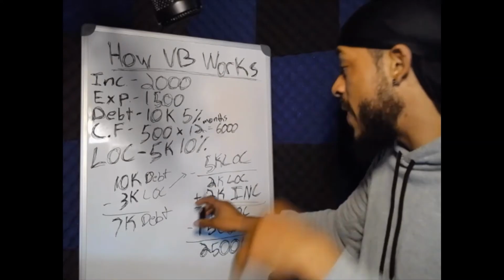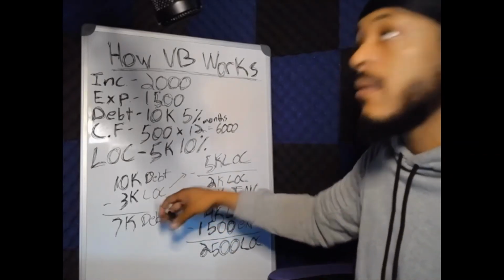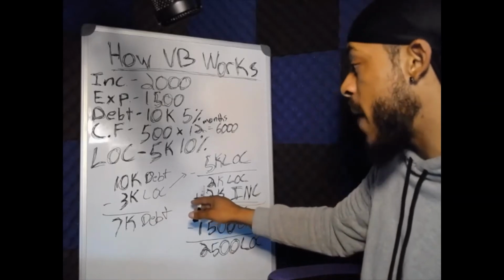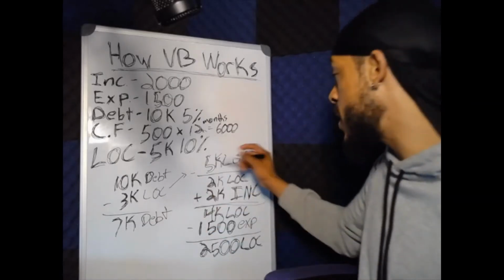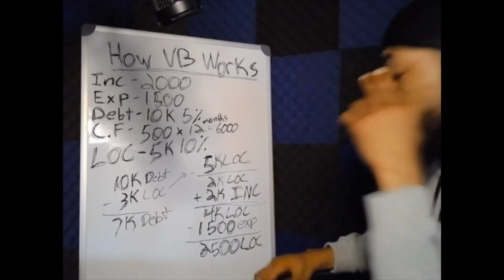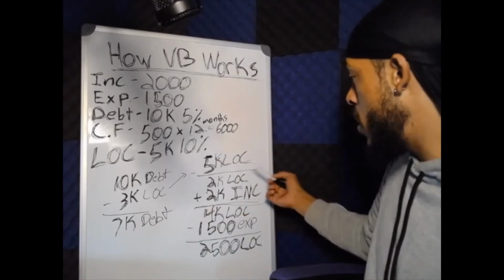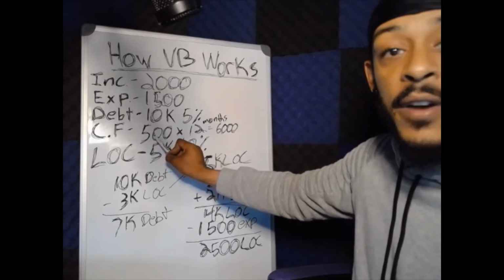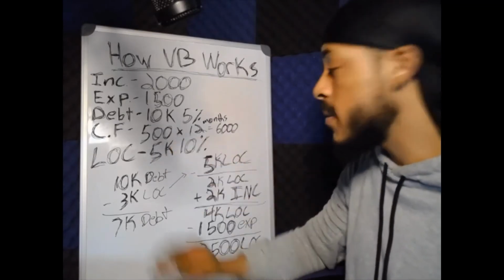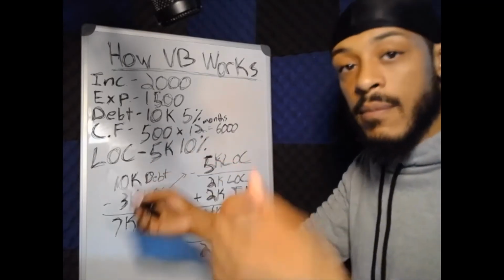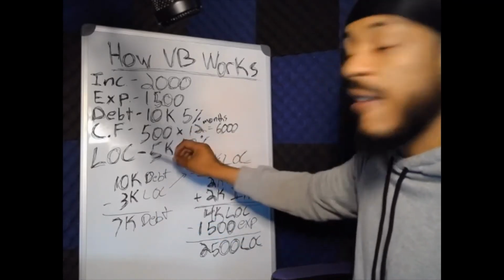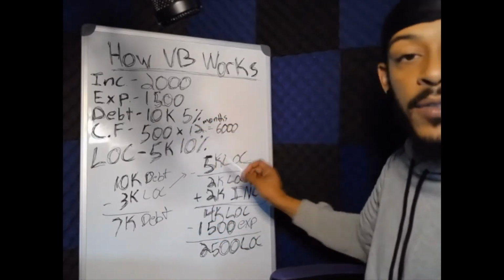So at the end of 6 months, your line of credit is back up to $5,000. Why? Because 3,000 divided by 500 is 6. So every time you put in your $3,000 chunk, every 6 months, you'll pay down this line.